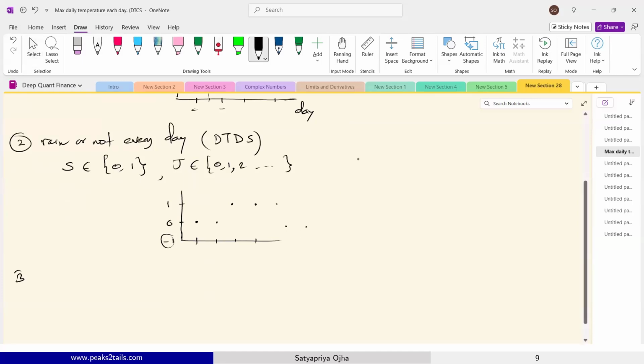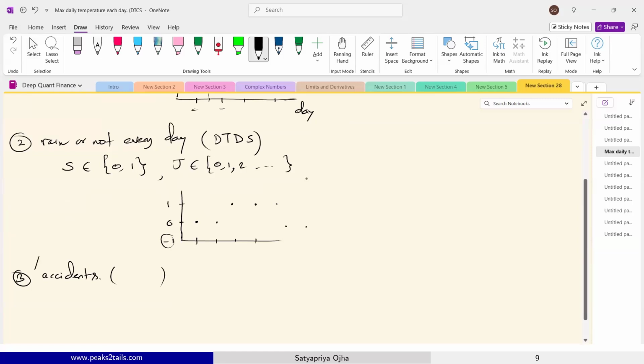All right. Number 3, number of cyclist injuries from road accidents. You're counting the number of accidents, let's say. This is tricky, guys. So think a little bit and tell me what is the time domain and state space.